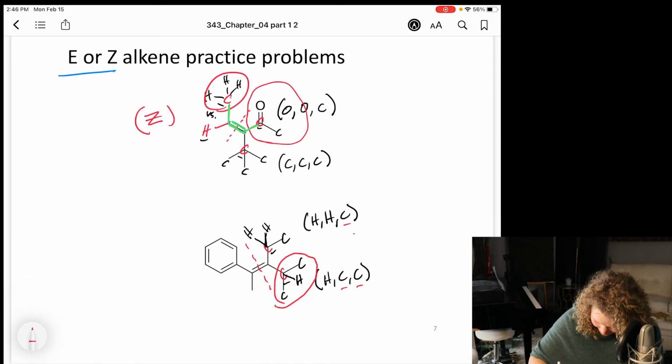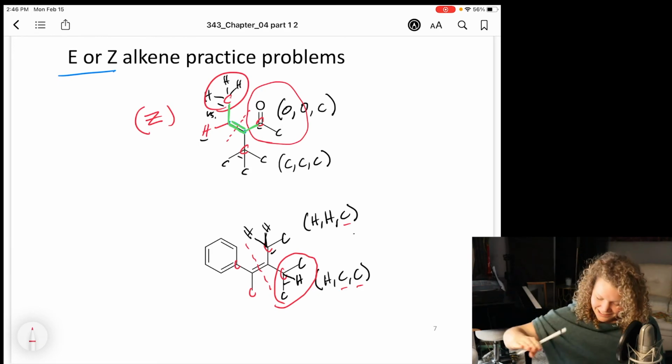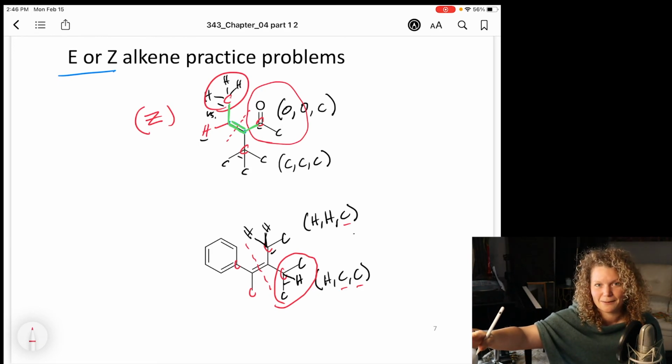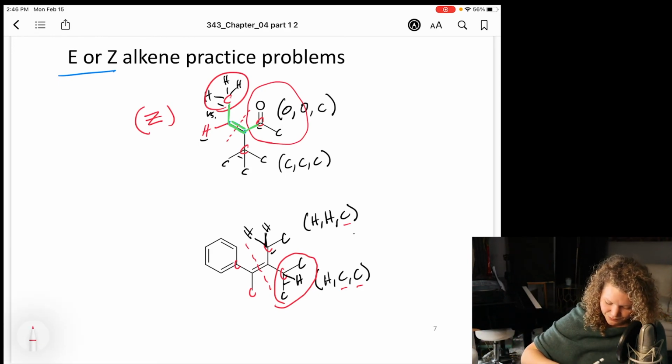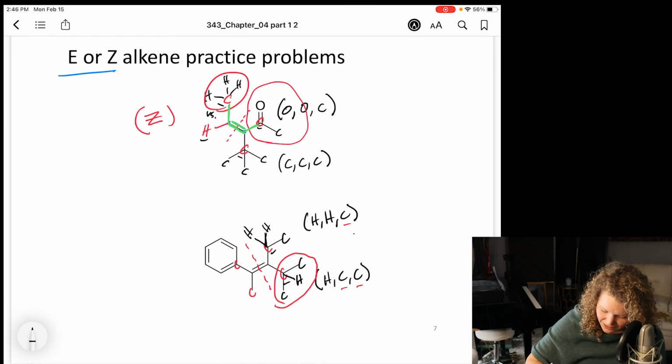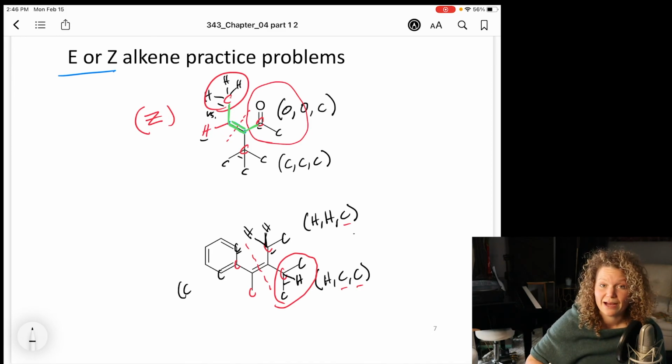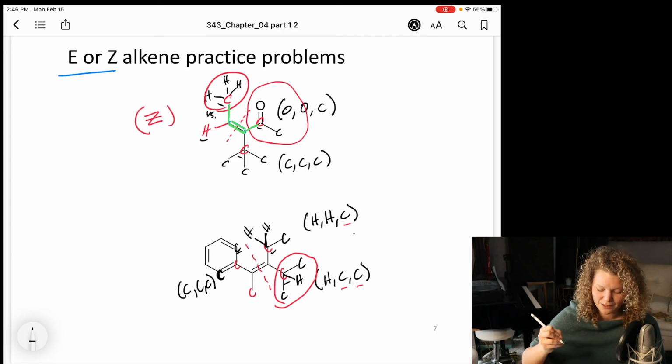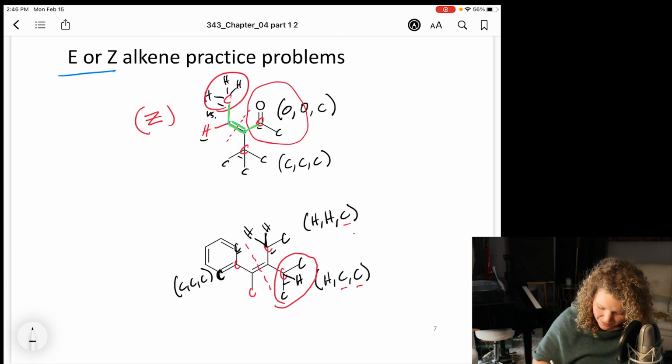Okay, carbon on the left side, carbon versus carbon. We're tied. It doesn't look like it, but we're tied right now. Now we need to look at what it's bound to. The carbon on the top here in this phenyl ring has a carbon and another carbon. This carbon here is just singly bound, okay? But this carbon right here has 2 bonds to it. So it's carbon, carbon, carbon. The one on the bottom here is a methyl group.